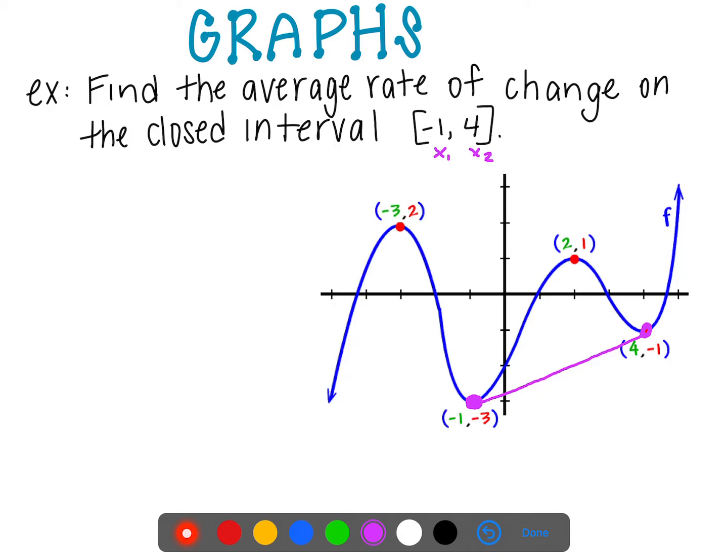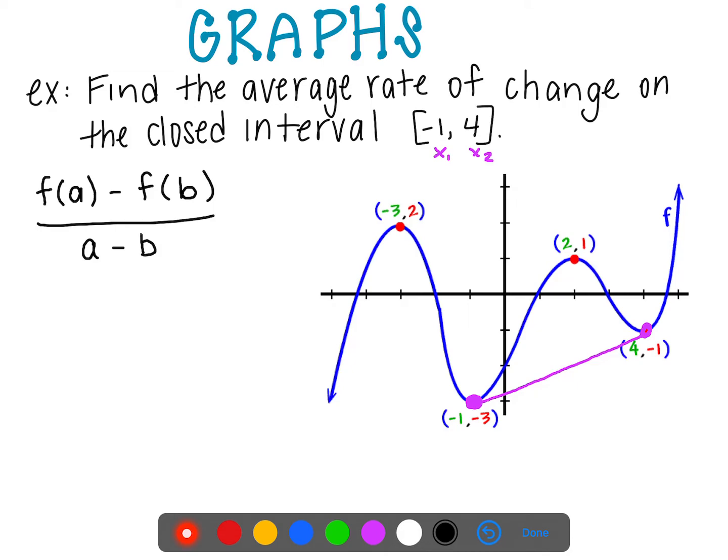But basically what I'm doing is I'm taking a big giant function, I'm picking 2 points, and I'm finding the slope between those 2 points when I'm finding the rate of change. So now my rate of change formula tells me to take f of a minus f of b over a minus b.